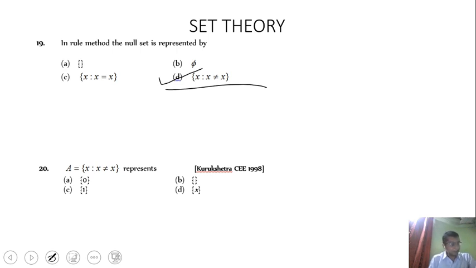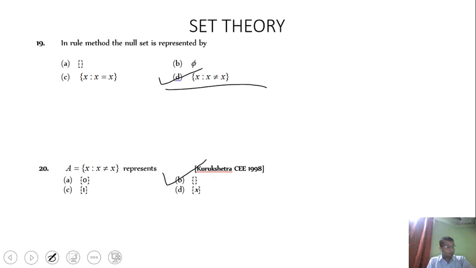Now example number 20, A equal to x such that x not equal to x represents, just as in the 19th example we have studied, the rule method of representing a null set, that is a set containing no element. Option B is the right answer.